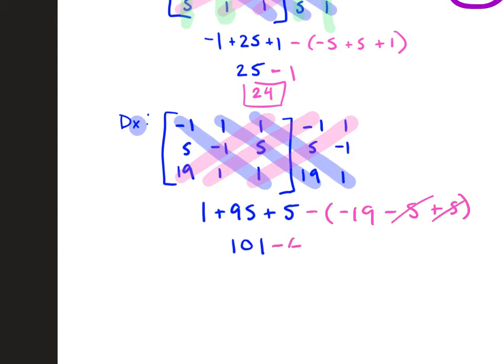So minus negative 19. What is 101 minus negative 19? Awesome. 120. So this becomes plus. So our D sub x is 120. Everybody with me so far? Any questions?